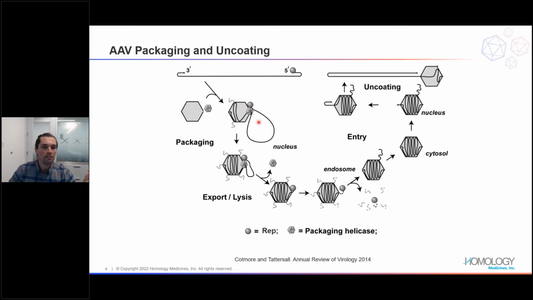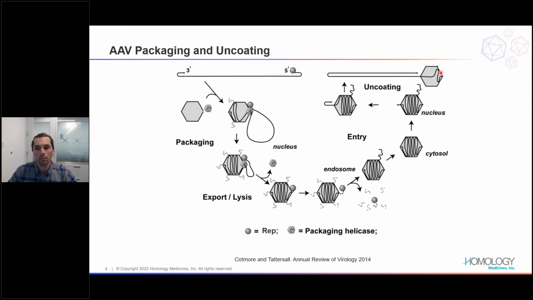And then the AAV genome is inserted 3' to 5' into the port within the capsid. Naturally, it's able to insert about half of the genome on its own, and then right at the opening here, it utilizes its helicase activity to shuttle the rest of the genome in.